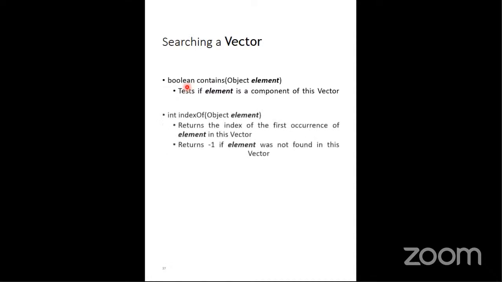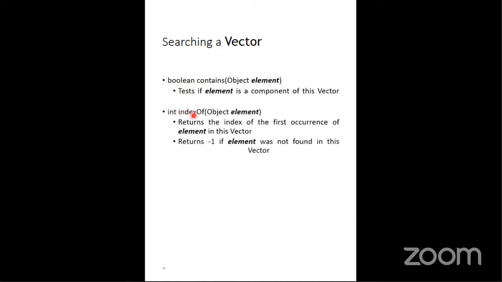Searching a vector: you can search a vector with the help of the method contains. The contains method will look for this object in the given vector. If it finds this object in the given vector, it returns true because it found that particular object. Otherwise, it returns false.